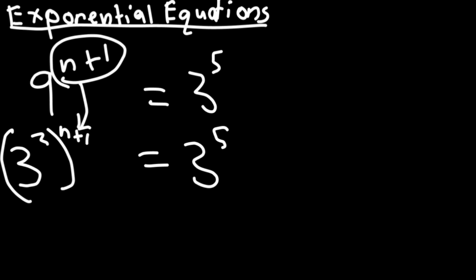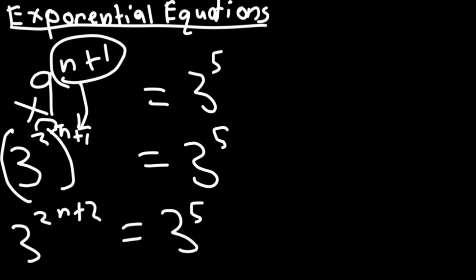In indices 1, we've taken that if you have a power raised to a power, that means you multiply the powers. So this just turns into 3 to the power of 2 times n plus 1, which is 2n plus 2. And that is equal to 3 to the power of 5.